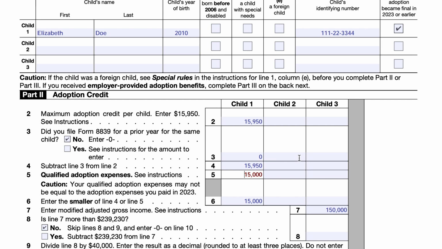So that's all he would be saving. So keep that in mind if you're trying to figure out whether it's better to take the tax credit or the tax exclusion.